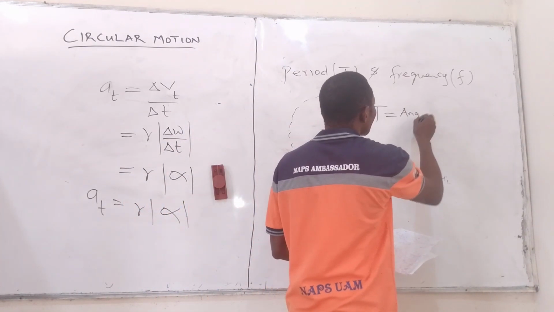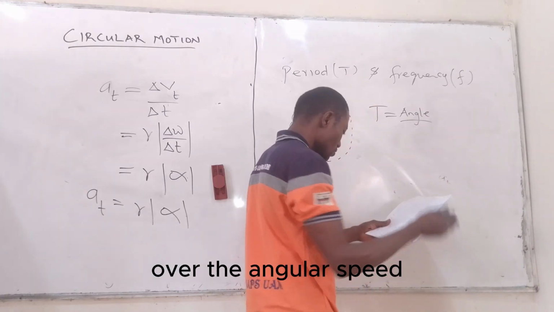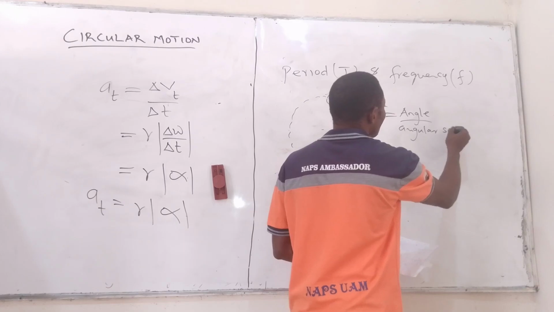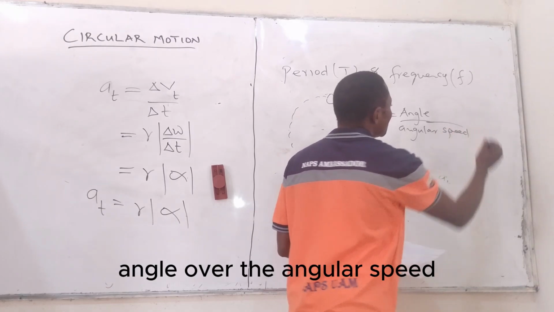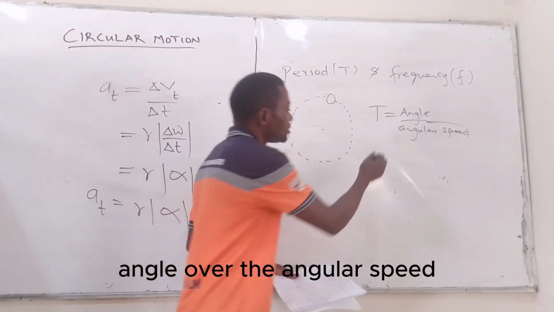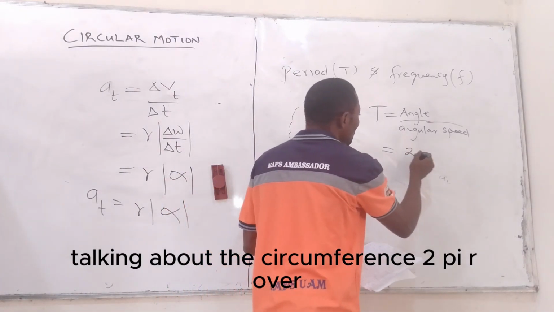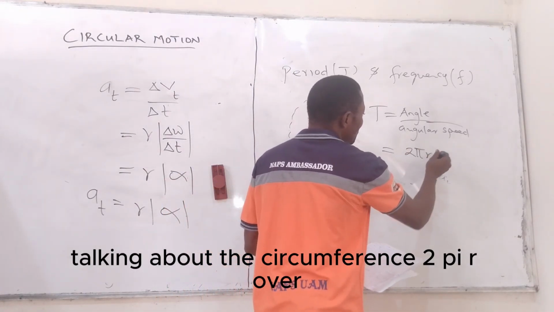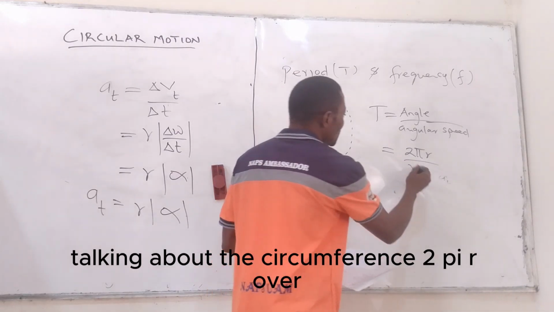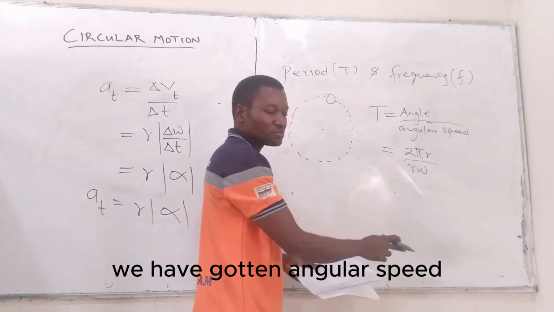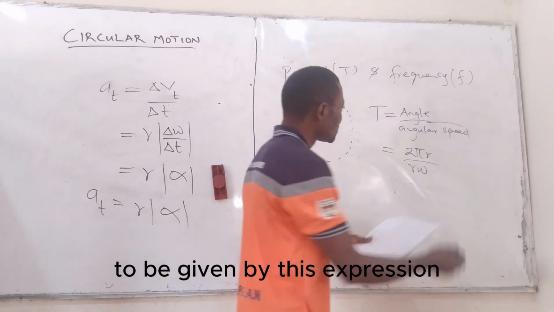angle over the angular speed. And when we talk about the angle, we are talking about the circumference, 2 pi r, over angular speed. You know we have gotten angular speed to be given by this expression.